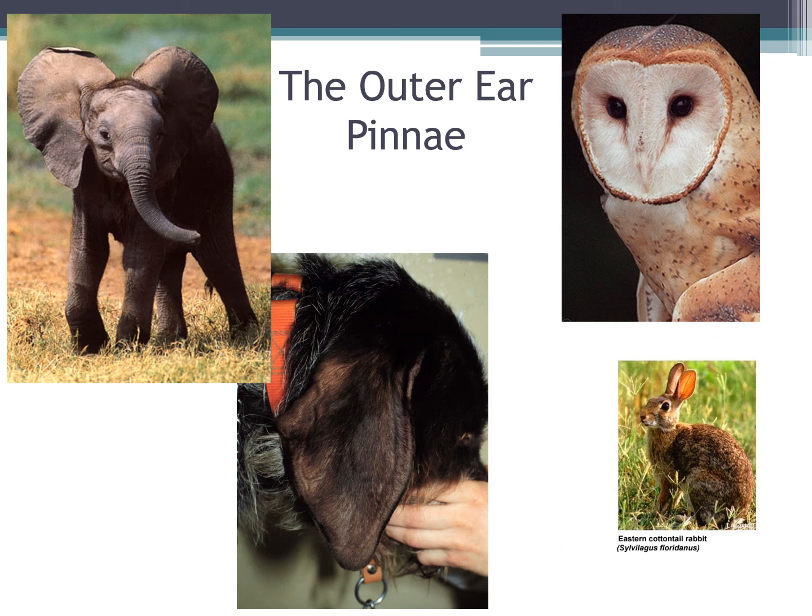This is one of my favorite things to talk about when you all are here with me, as we can see the different pinnae of different animals are as adaptive as really where the receptors are in our eyes. And I usually pick the bunny and the owl as ones to really talk about, because the bunny, you can see how large the ears are. It is a prey animal.